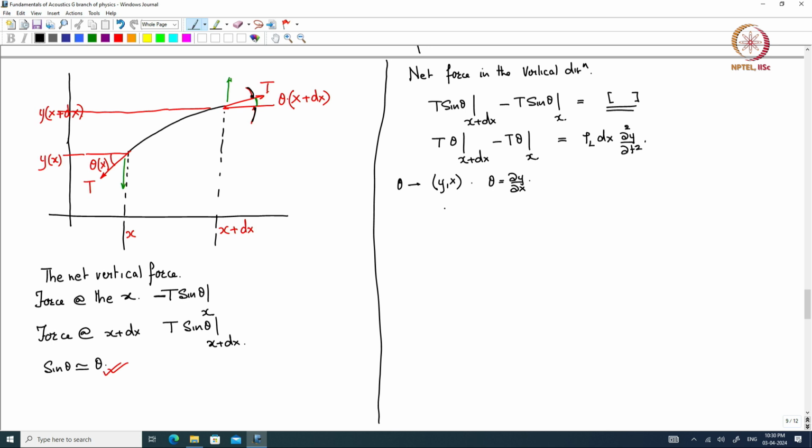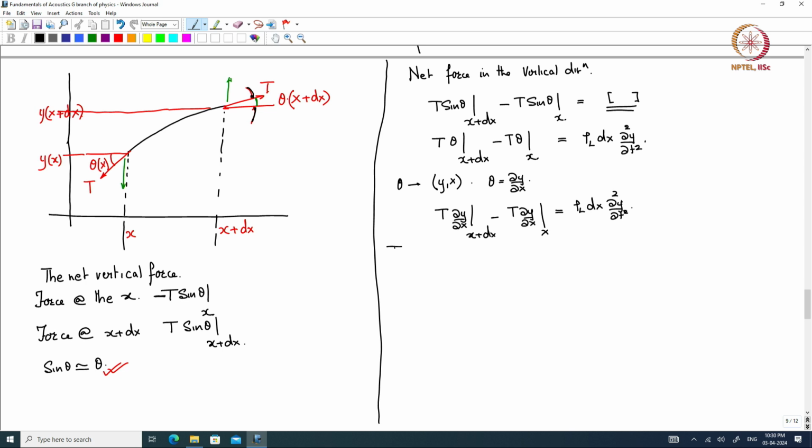So then what we have is T del y by del x at x plus dx minus T del y by del x at x is equal to rho L dx del 2y by del t square.